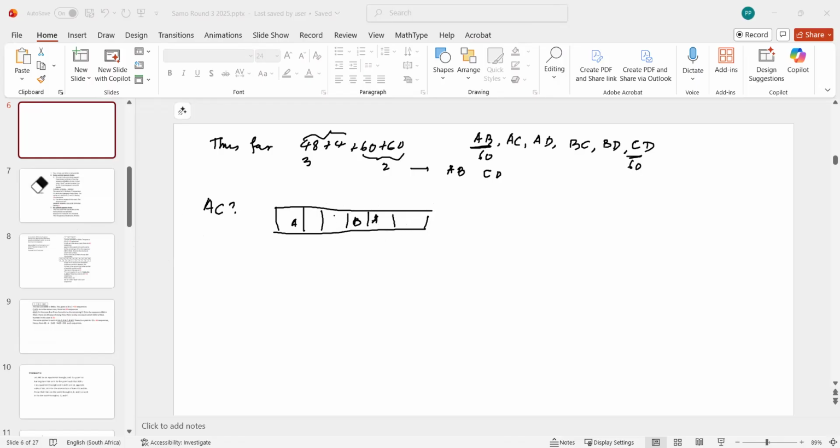So in other words, in this case here, I simply have to count the number of ways AB can be placed.